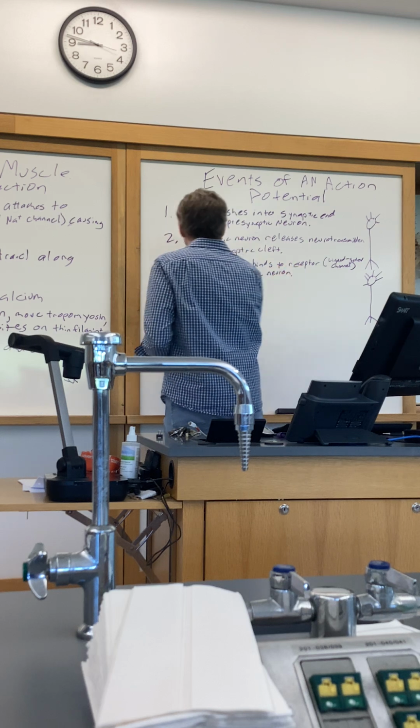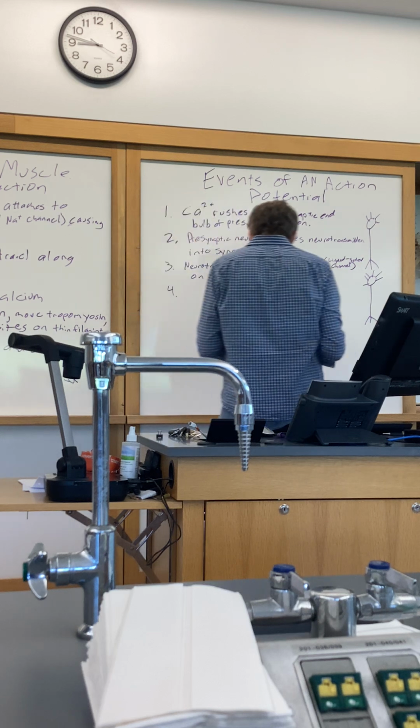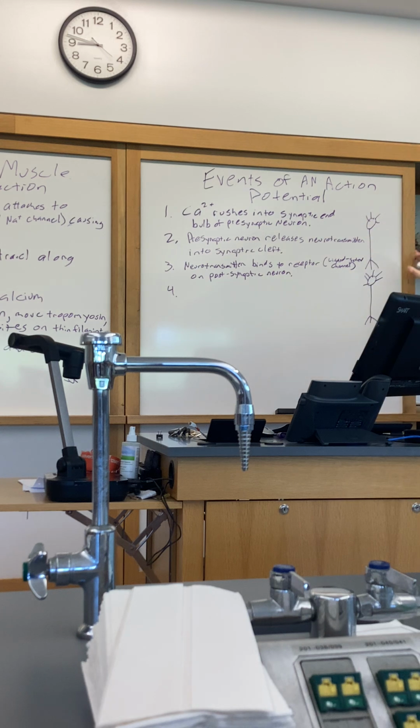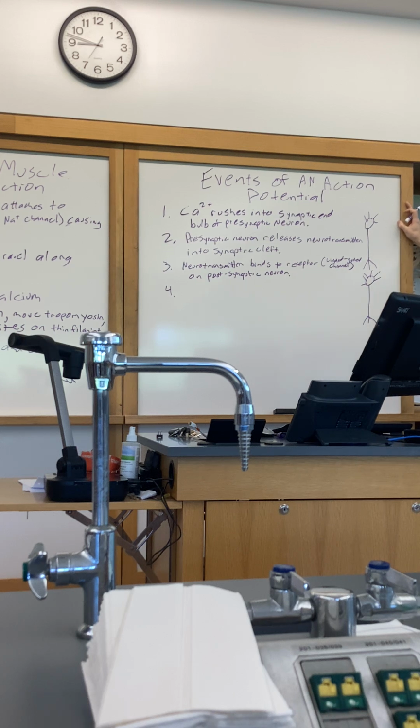Good. And let's assume for this example that it's a ligand gated sodium channel. So it's opening up a ligand gated sodium channel. And again, what kind of graded potential is that going to cause if it's sodium? Depolarizing.